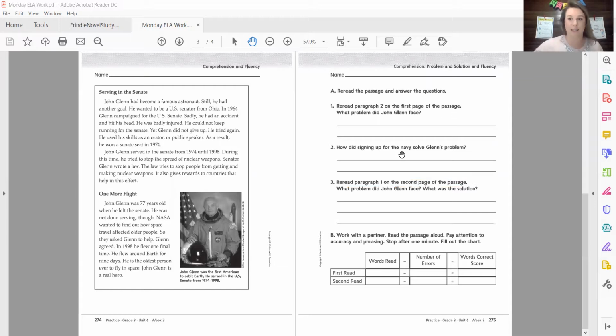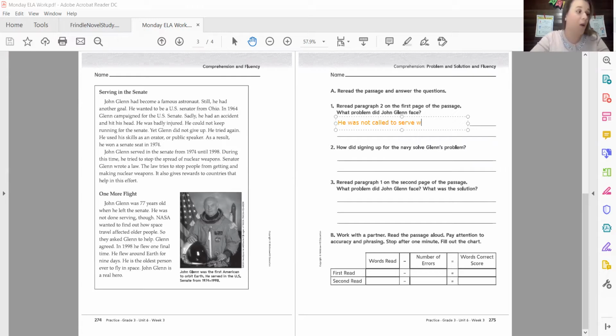So I went back into the text and looked, and here we go. So what was the problem? I'm going to actually type this in instead of writing it. He was not called to serve.